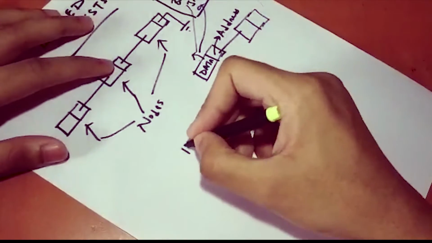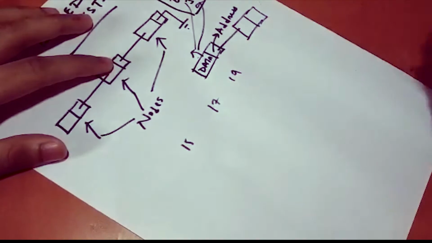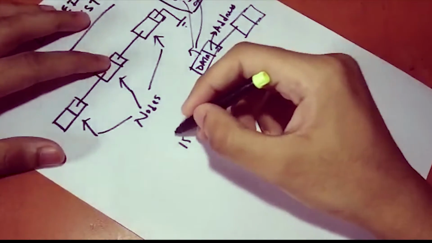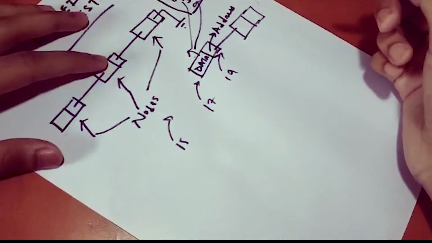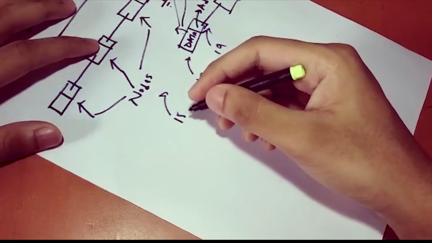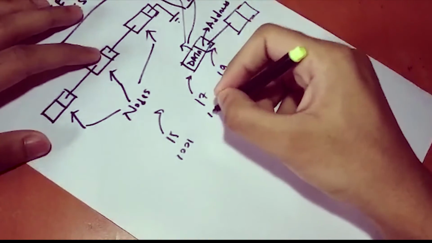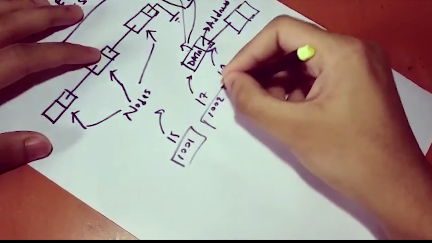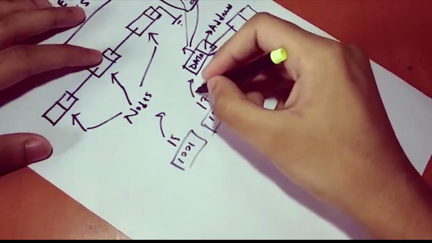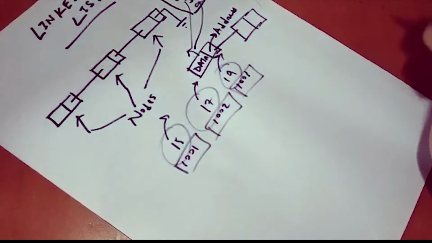Maybe if I store 15, 17, or 19, these numbers are stored at specific addresses inside the computer, maybe 1001, 1002, 1003. These are the addresses where these nodes or data are stored, right?